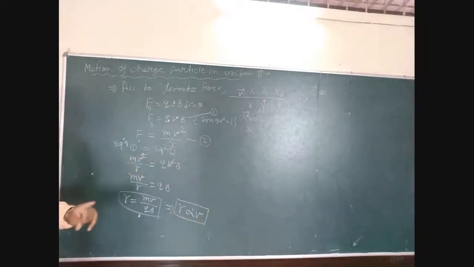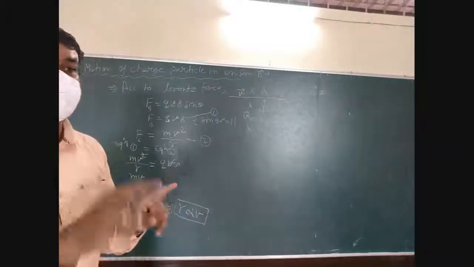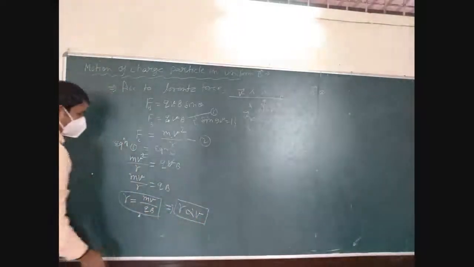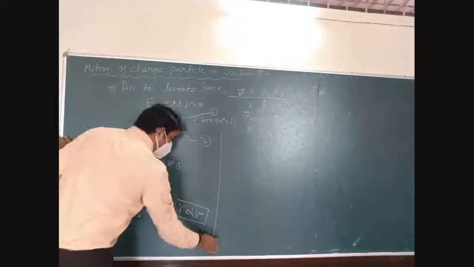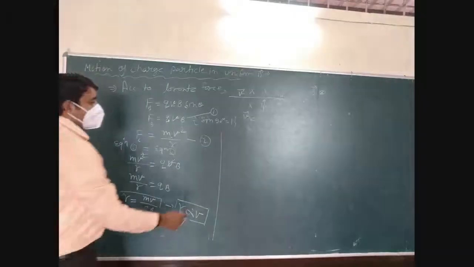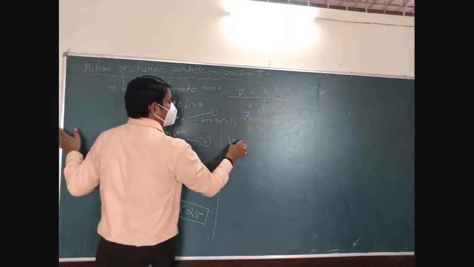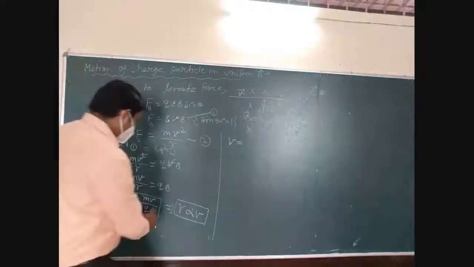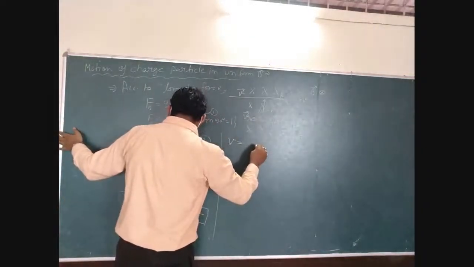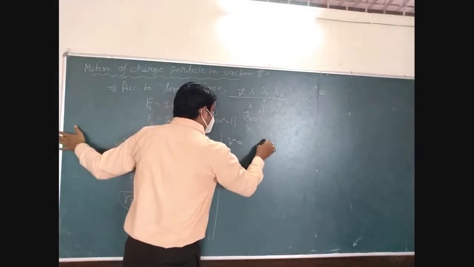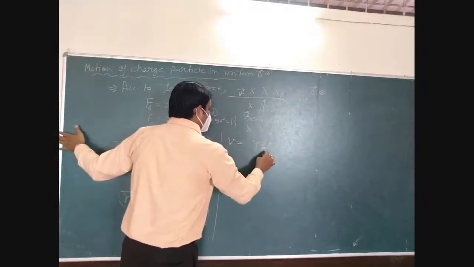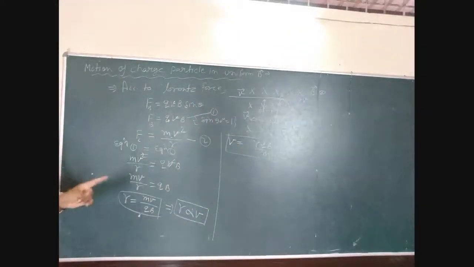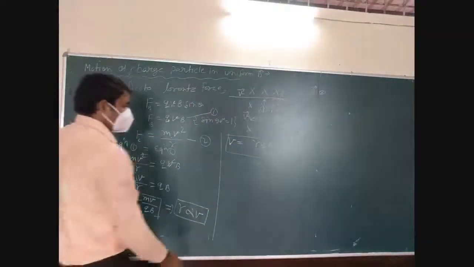That means as v increases, the radius of the motion also increases. From the same relation you can easily calculate the velocity of the particle in the circular path: v is equal to rqB upon m.